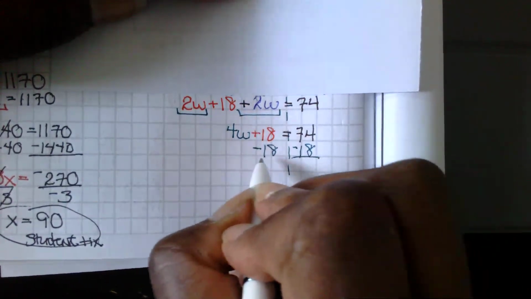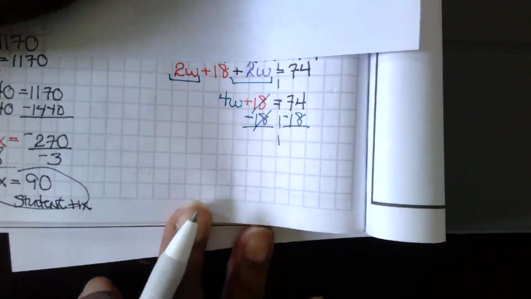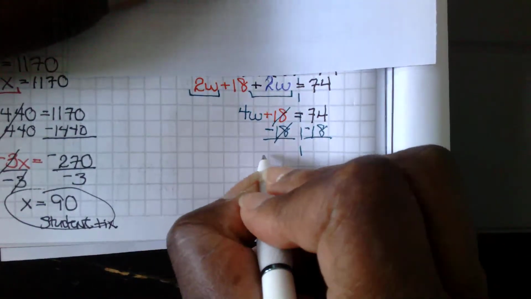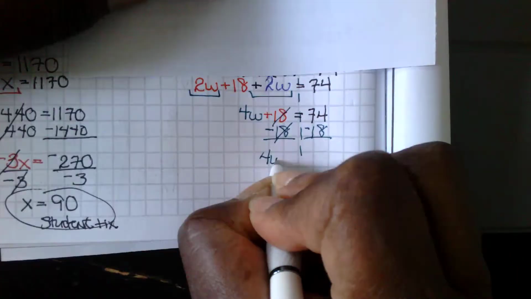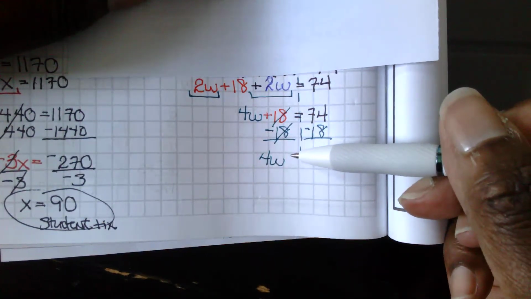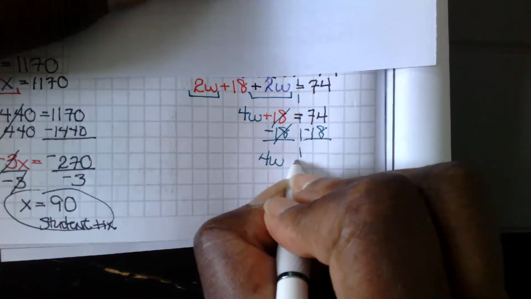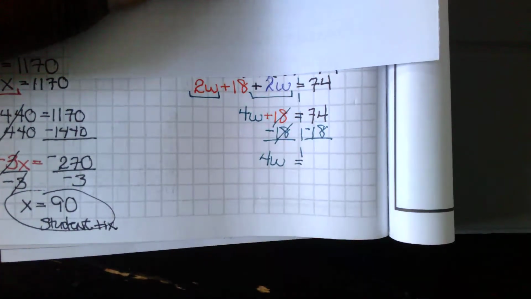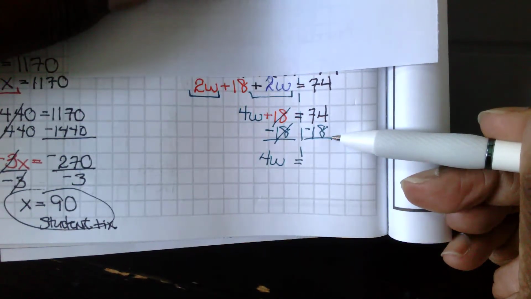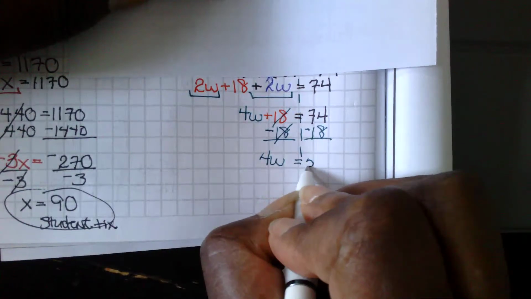Because what's the goal? We're trying to isolate our variable, our W. So now we have 4W, that's going to come down because positive 18 and negative 18 gives me 0, and I don't need that 0 as a placeholder. Equals, now we have our 74 minus our 18, that gives us our 56.